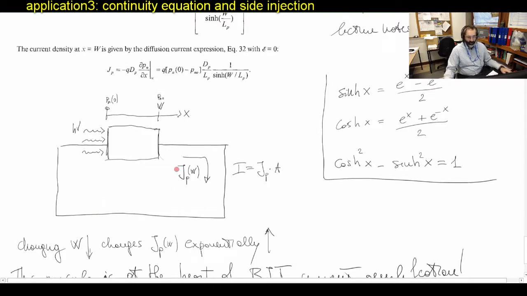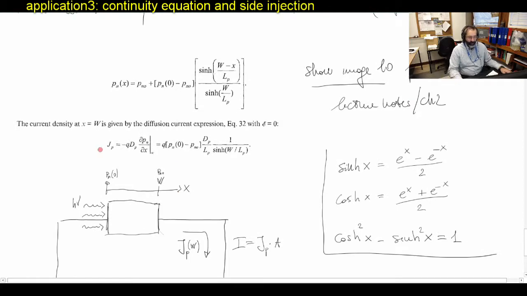Well, the way to find it is to use the diffusion, using the equations for the current density for P carriers. In this case, obviously, there is no electric field, so we can straight away discard the part related to drift.